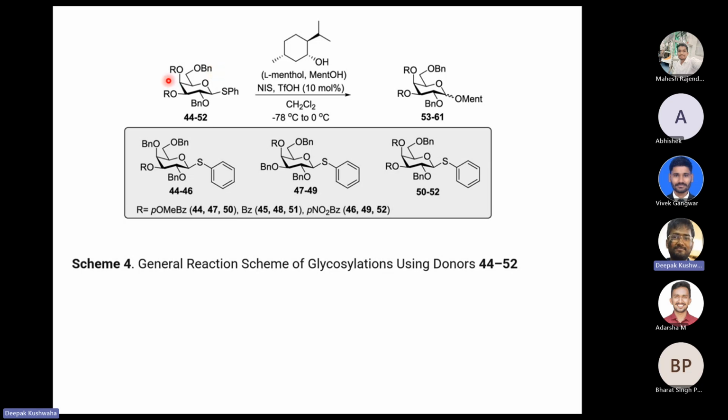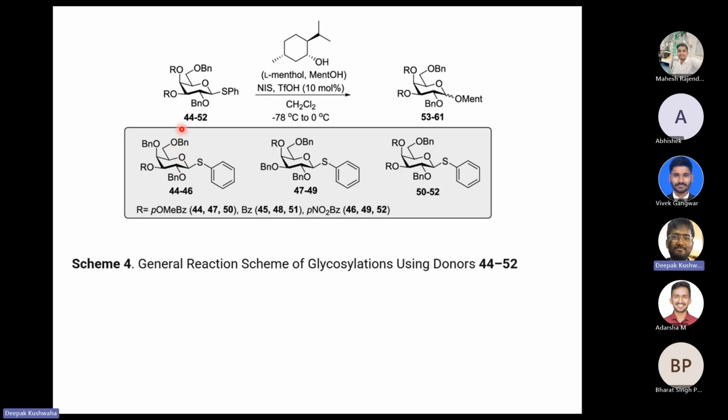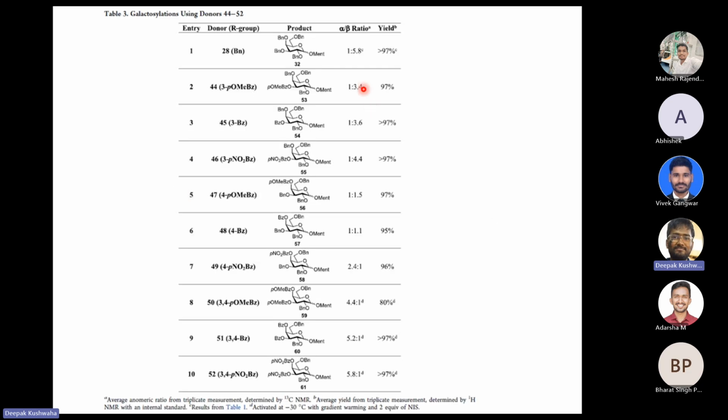So they are moving to the C4 and C3 protecting groups. They have made various donors, and they have shown that when they are using this completely OBn protected donor, they are not getting a very good alpha selective product.